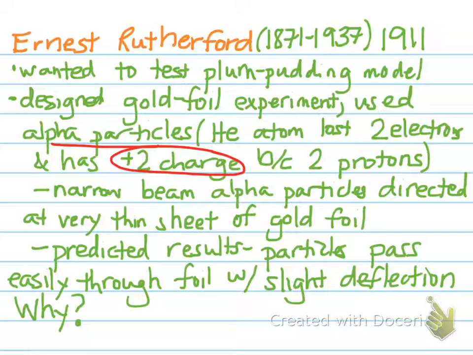The model said that I have positively charged material with electrons spread throughout, so I expect that these alpha particles are going to go through those atoms. And maybe they'll have a little bit of deflection because most of the atom is positively charged and I'm shooting something with a positive charge, these alpha particles, at it.